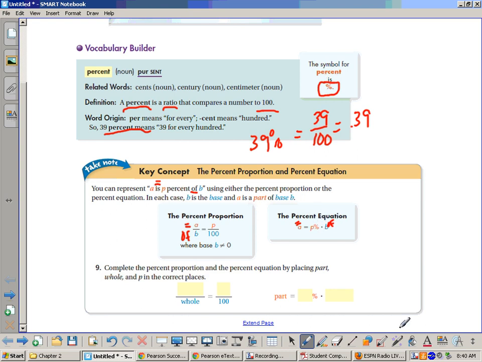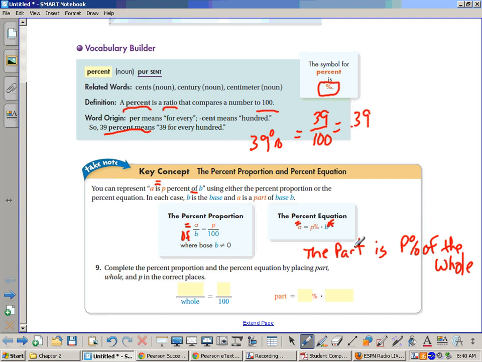So when we're setting these up using the words whole, we could rephrase the sentence up above and rewrite it as: the part is P% of the whole.